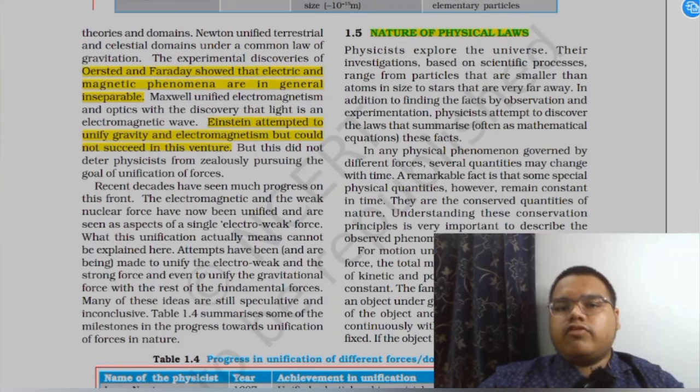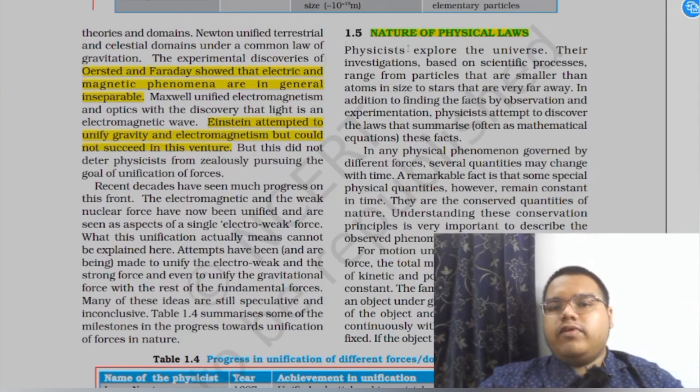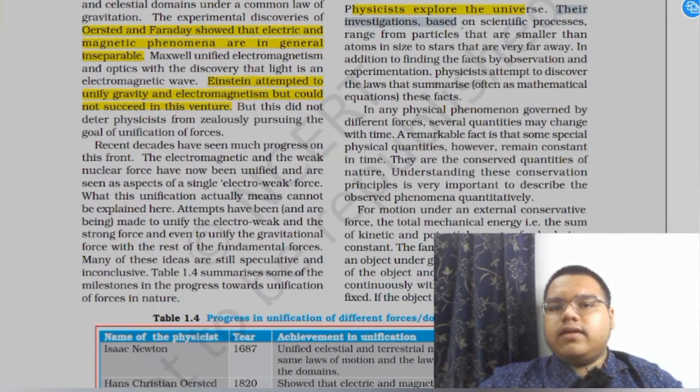So, nature of physical laws. Physicists explore the universe. Their investigation is based on scientific processes, ranging from particles that are smaller than atoms to the stars that are very far away. In any physical phenomenon governed by different forces, several quantities may change with time. For motion under external conservative force, total mechanical energy, that is the sum of kinetic energy and potential energy of the body, is constant.